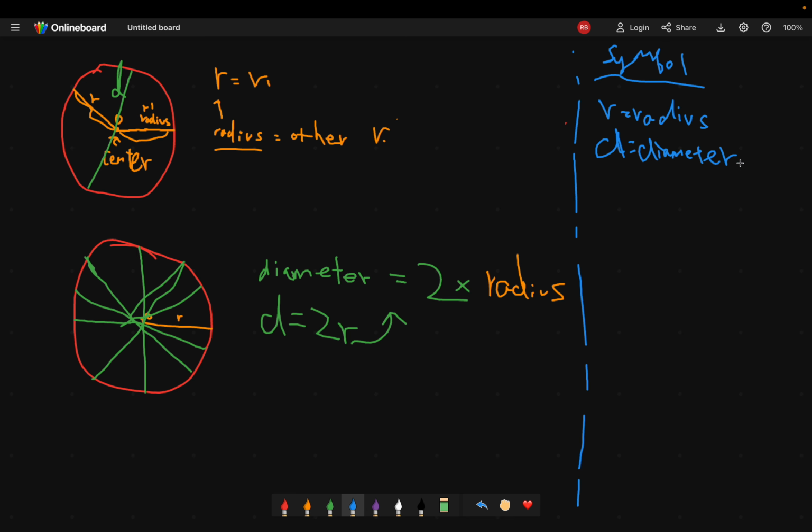Okay, that is probably going to be the last time I write the word diameter, because you get it. D equals diameter. D is basically saying diameter. R is radius. Just take the first letter, and boom, you're done.